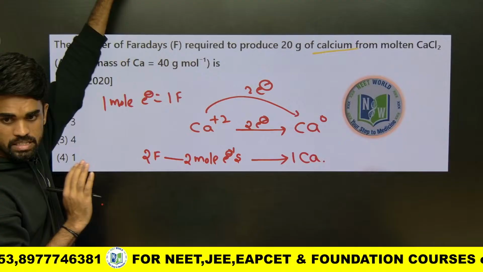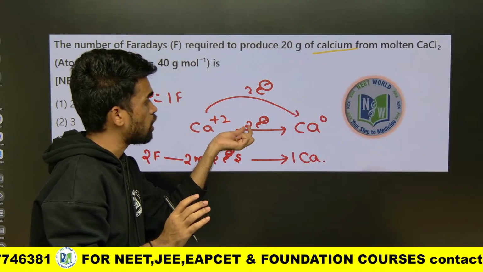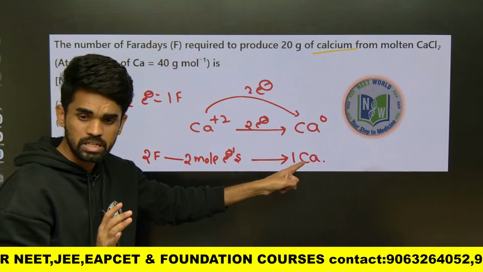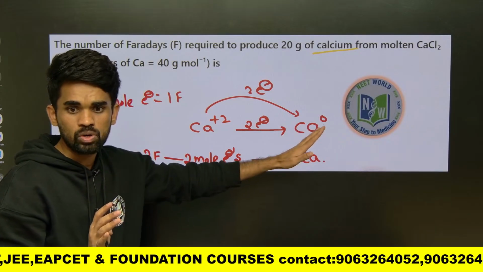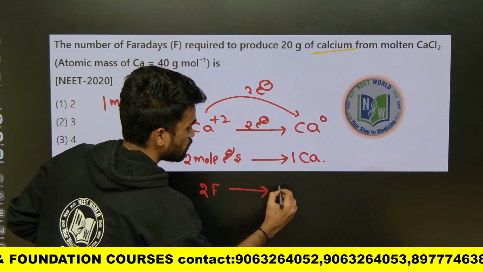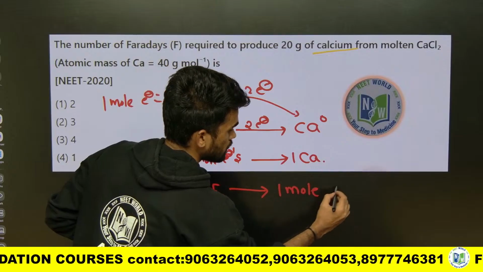That's it. As many moles of electrons as you take, that many Faradays you take in order to deposit 1 mole of that particular substance. So 2 Faradays are required to deposit 1 mole of calcium.